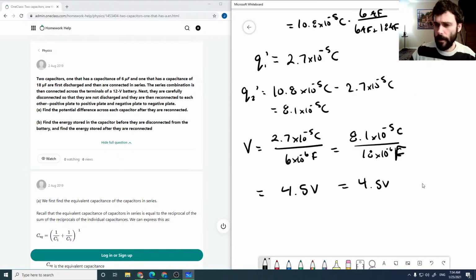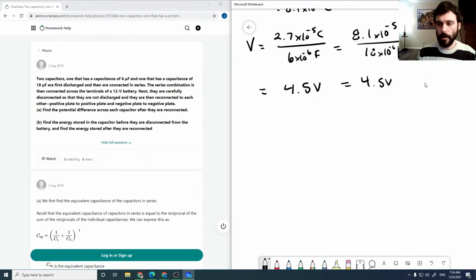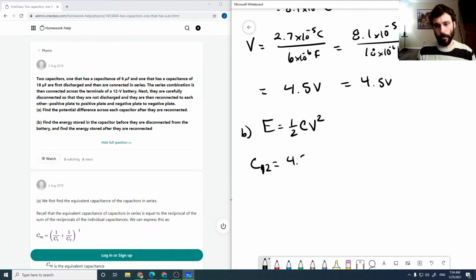So now our energy stored is 1/2 times the capacitance times the voltage squared. So before they're disconnected, we have our equivalent capacitance. So our C12 is 4.5 microfarads.